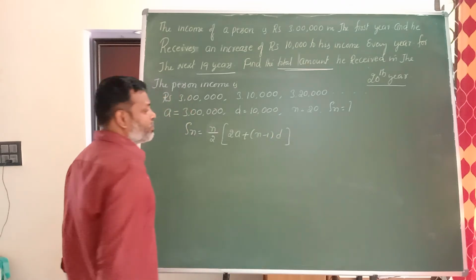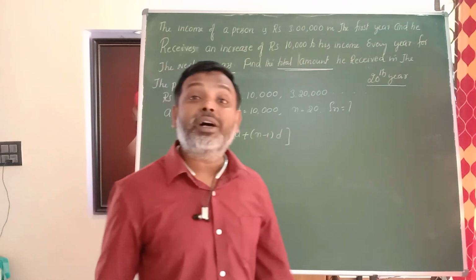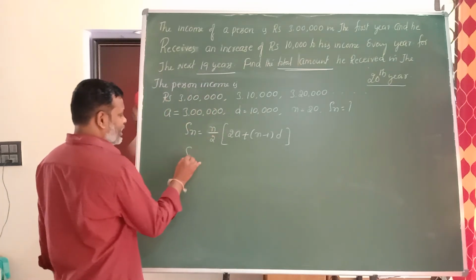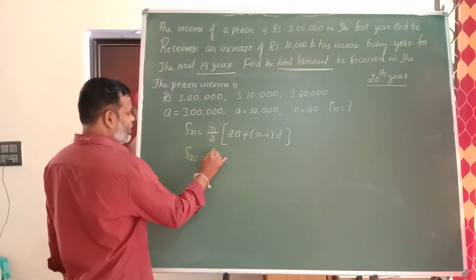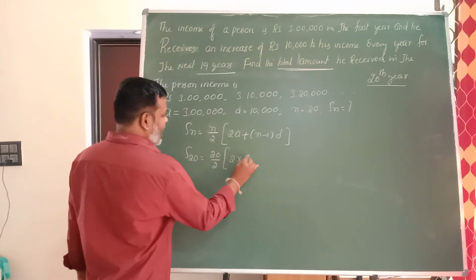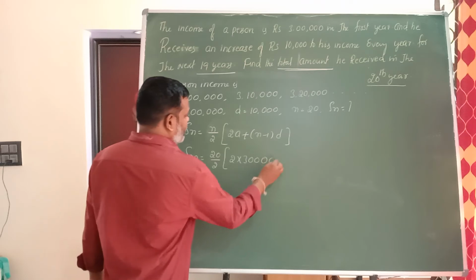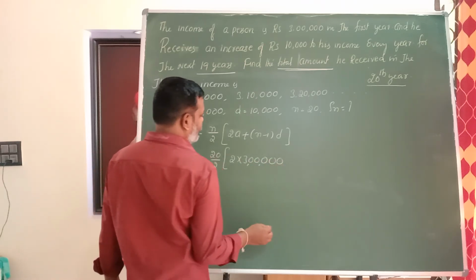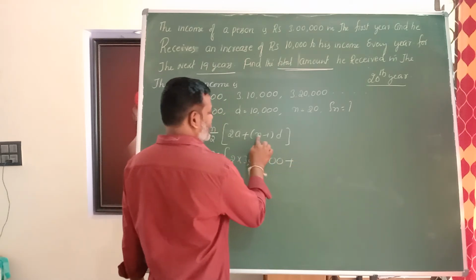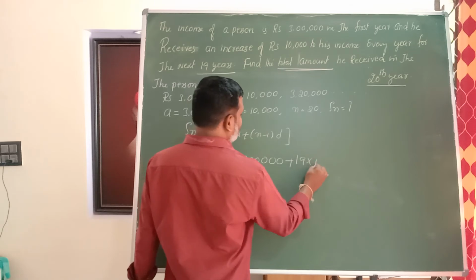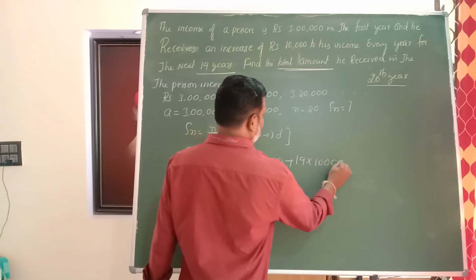The previous formula is not applicable because we don't have the last term here. Here n is 20. S20 is equal to 20 by 2 into 2 into 3 lakh plus 20 minus 1, which is 19, into d, which is 10,000.